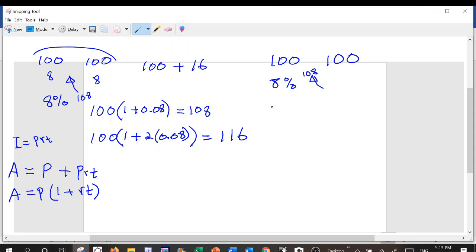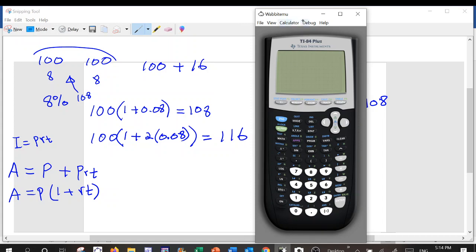So you charge me 1 plus 0.08, and I get 108. Then you use 108 and multiply it by 1 plus 0.08 again. Now this time, this amount is going to be more than 108.